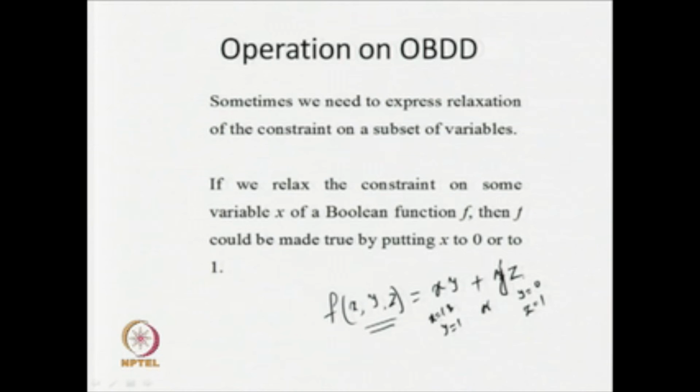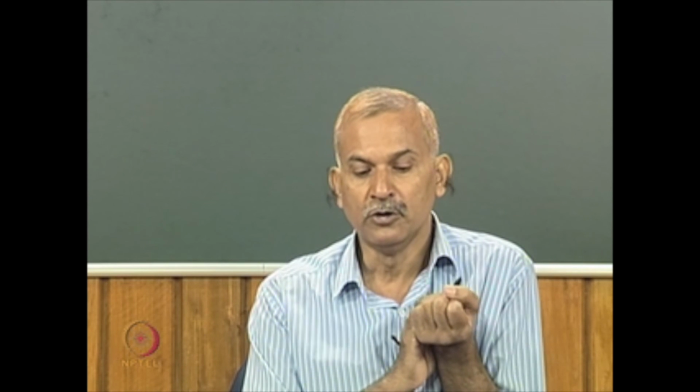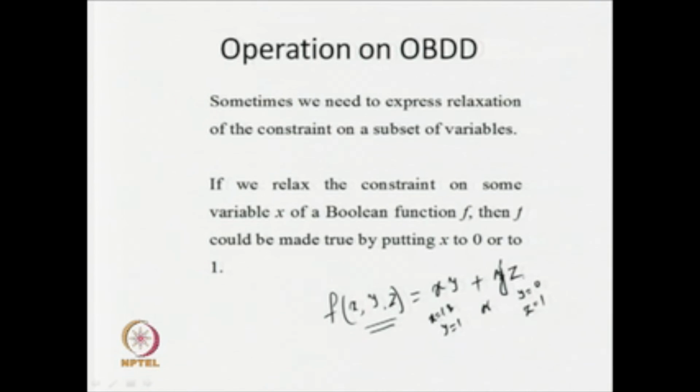Sometimes we want to relax the constraint on some variables. So, you just look into a function derived from this given function where it is independent of one particular variable. That means, we are going to relax the constraint of this function on a particular variable. So, we can relax the constraint on the variable x for this Boolean function.